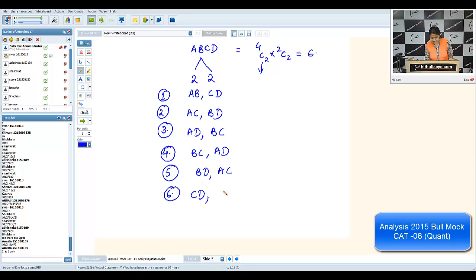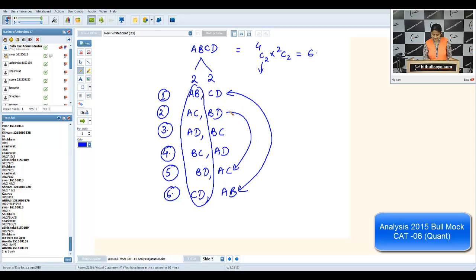Then we are left with CD, AB. But if we are selecting any 2 out of these 4, the first and the last will be the same. Second and second last are the same. Third and third last are the same. That's why there will not be 6 cases, rather 6 by 2 cases, that is 3. What should be the answer in that case? 3 will be the answer.